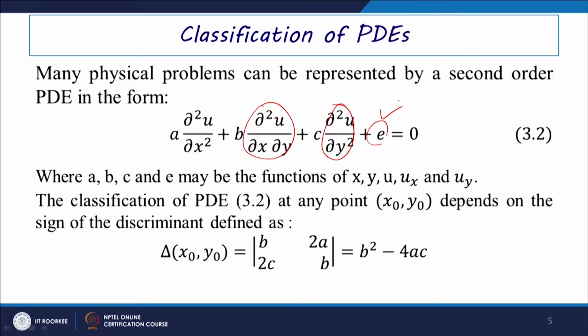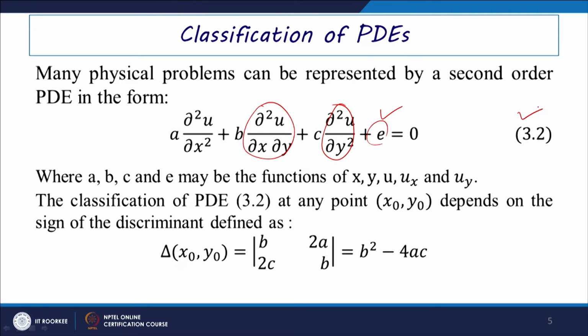Then, for the classification of the partial differential equation, consider this equation, represented as 3.2 here, at any certain point, suppose x0, y0. This depends on the sign of the discriminant defined as delta of x0, y0 equals the determinant of these coefficients.